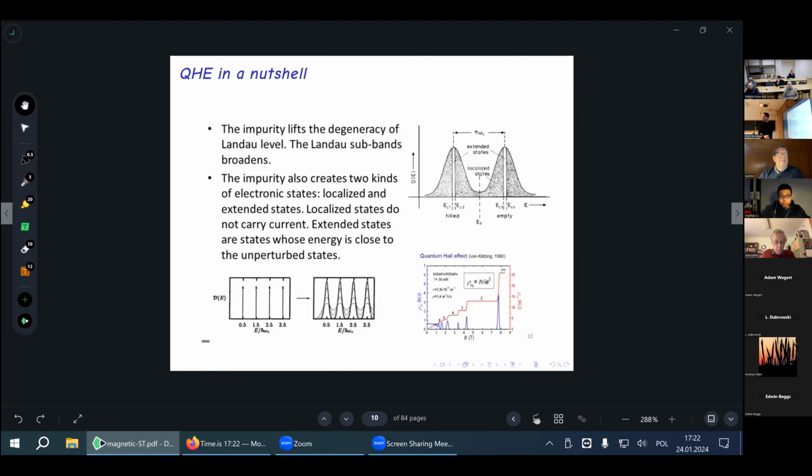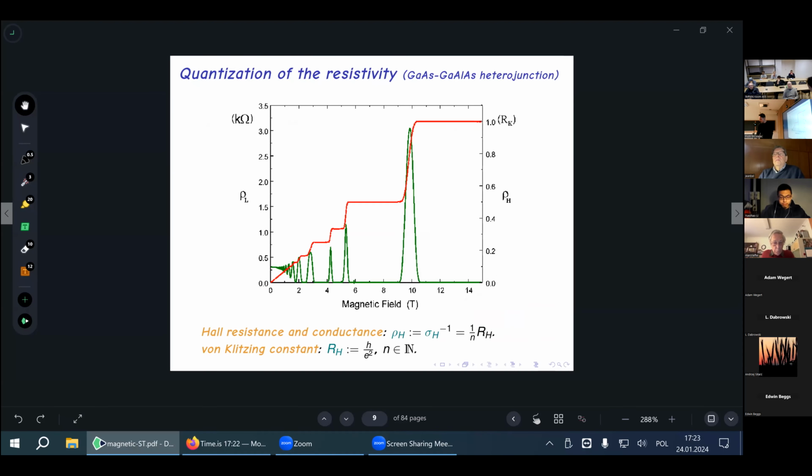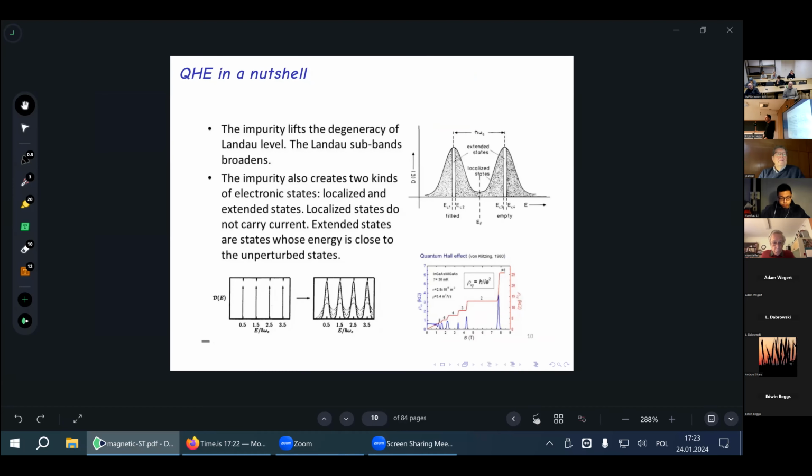The explanation of the plateau is essentially due to the impurities. In some sense, to see this picture, we have to stay in a system which is not completely clean. We need some impurity because we need to force what is called Anderson localization.